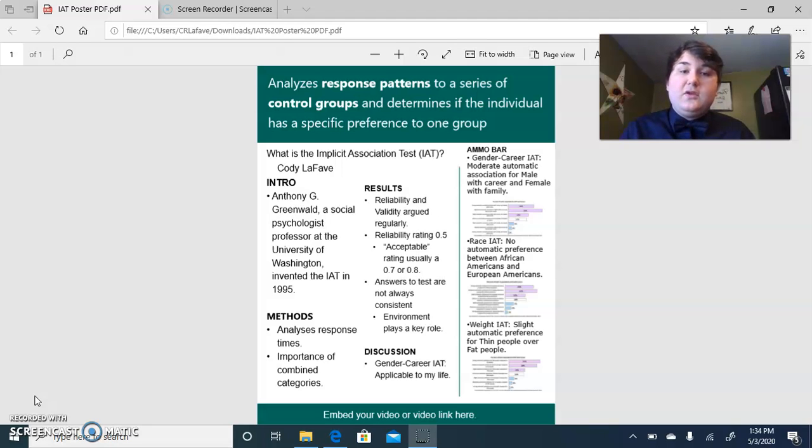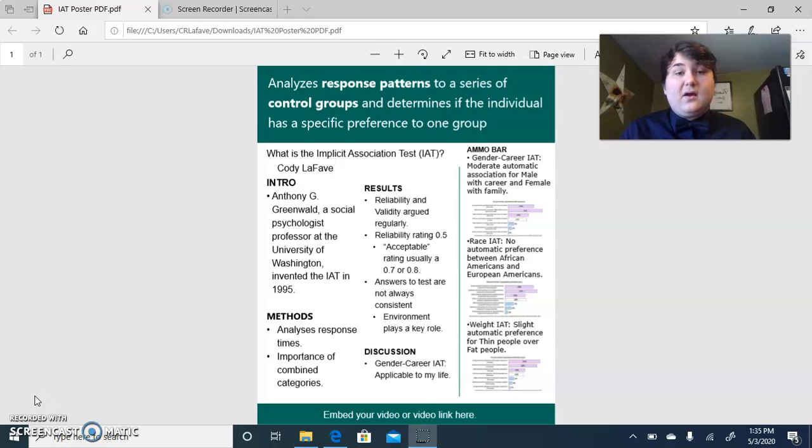Now, you would start out determining, using the E and I keys, what names were male and female in the first step. In the second step, you would then sort words using the E and I keys, words that had to do with family or home, and words that had to do with a career.